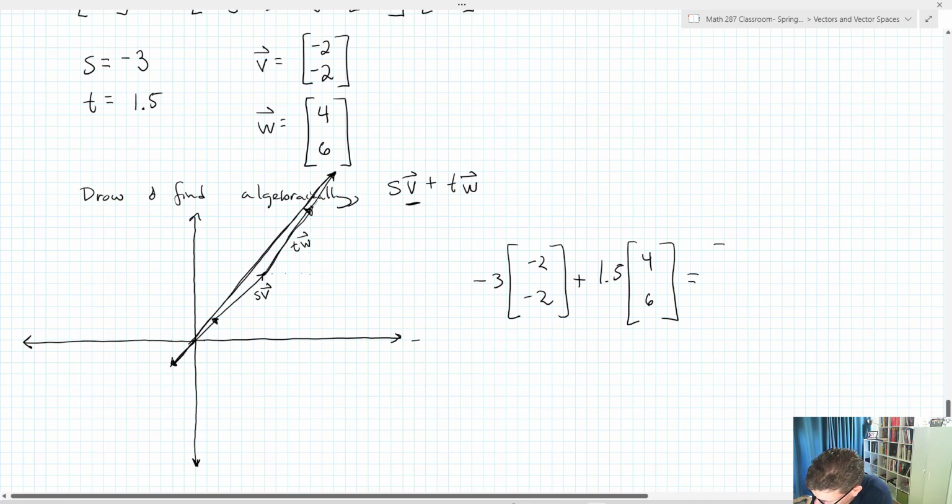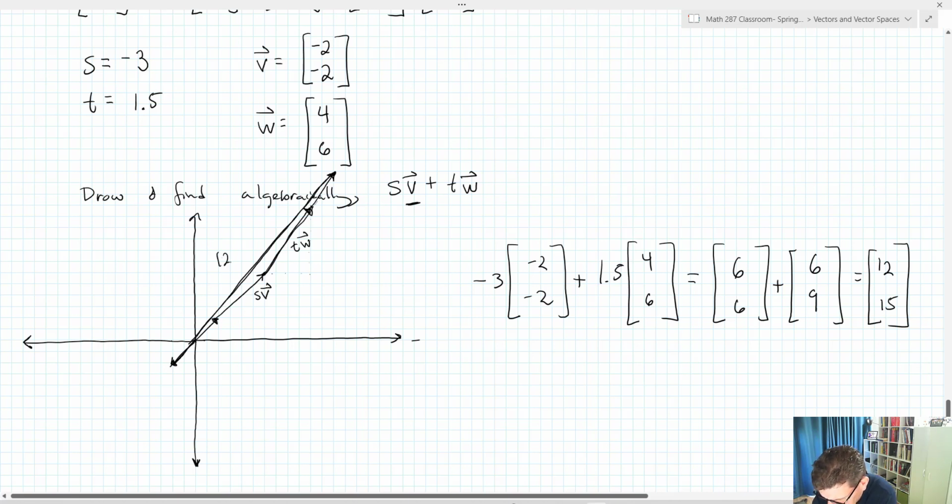This ends up being 6, 6 plus 6, 9, and so that equals 12, 15. That is our resulting vector. That's the linear combination.